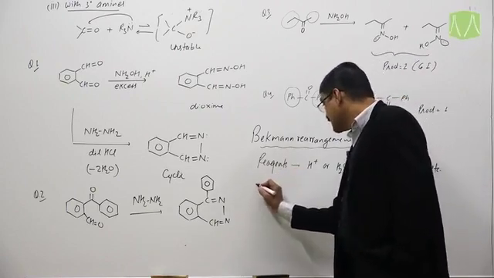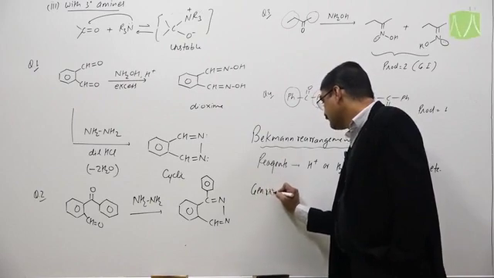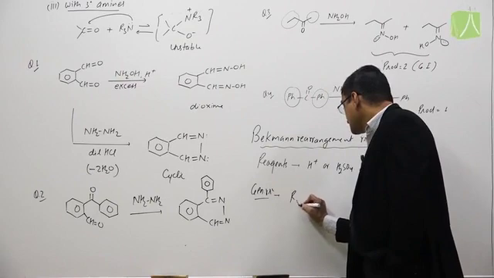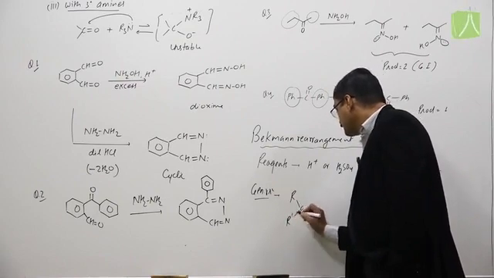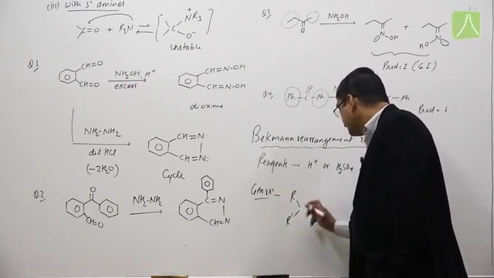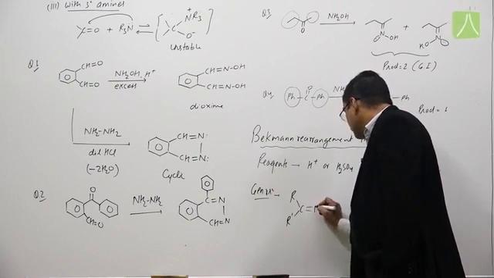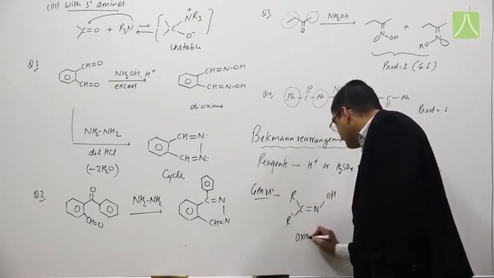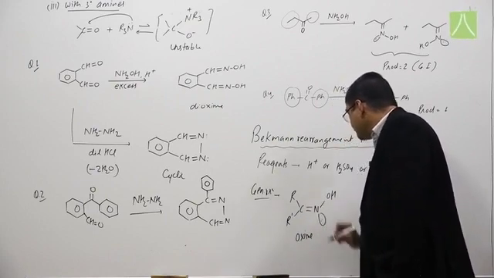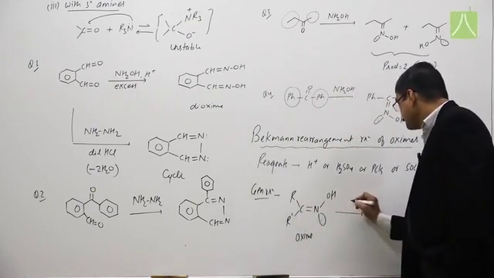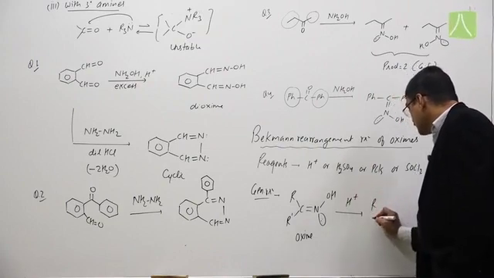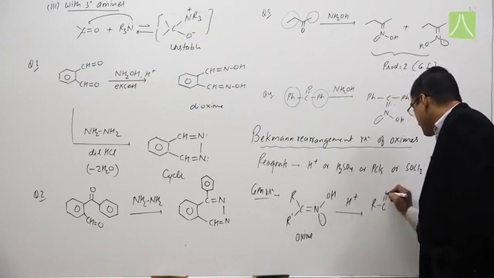Now, the general reaction is like this. Suppose I take one oxime. This is the oxime with a fixed orientation. In presence of H plus, it is converted into amide.